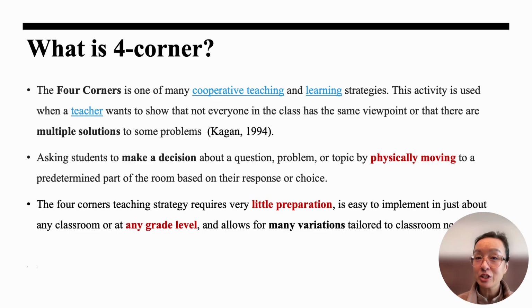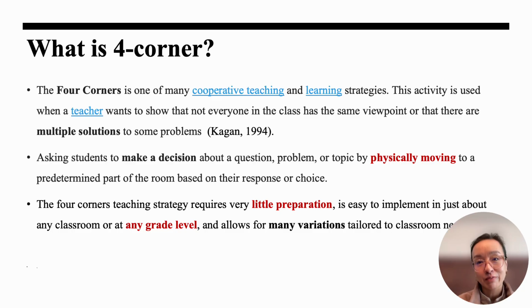In cooperative learning terms, Four Corners is not simply getting students to move. The movement serves a pedagogical function. It requires students to commit to an option in a public but low-risk way and creates immediate peer grouping that supports discussion and reasoning.